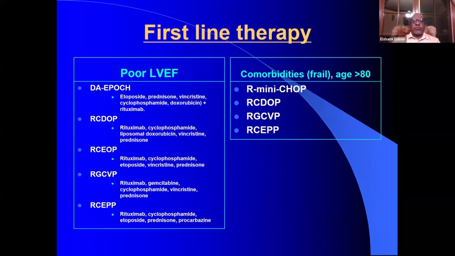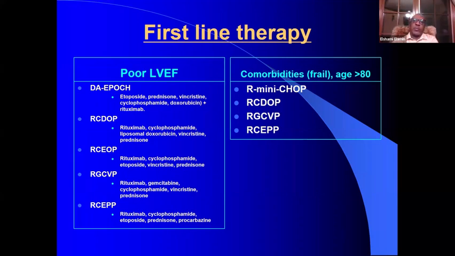These are the other first-line drugs, because we said R-CHOP is the drug of choice, but for patients with poor left ventricular EF, these are the regimens on the right side. These are the regimens that you use for frail patients, patients with comorbidities, and elderly patients, age more than 80.